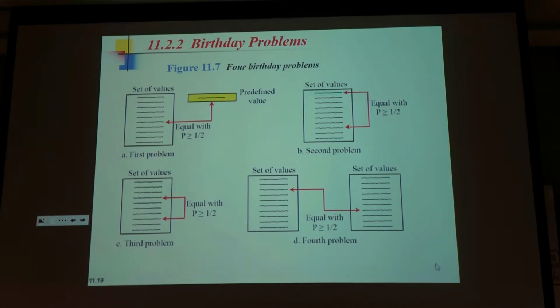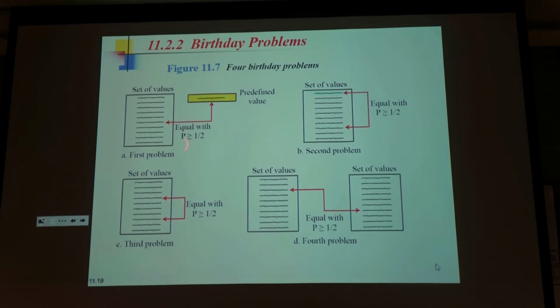The problem can be generalized as follows. We have a uniformly distributed random variable with n possible values, from 0 to n minus 1, or from 1 to n. What is the minimum number of instances k such that it is likely that at least one instance is equal to the predefined value?